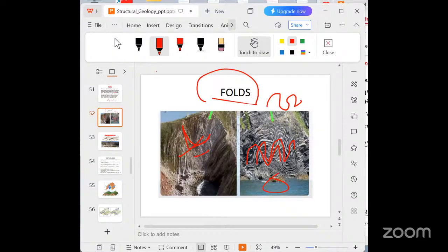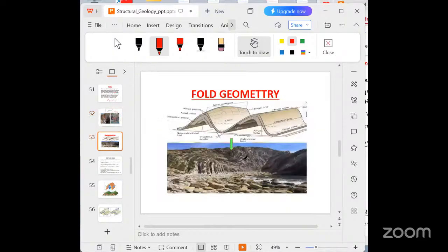Now you see this is also another picture. So, elements of folds now. Elements means wavelength. First, we are going to look at the wavelength, right? So wavelength of a fold. We already know that folds are wave-like undulations found in layered rock.